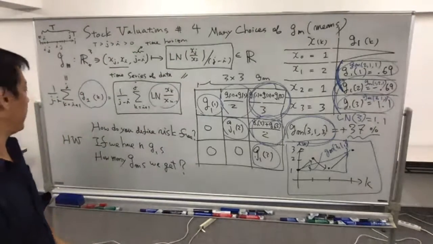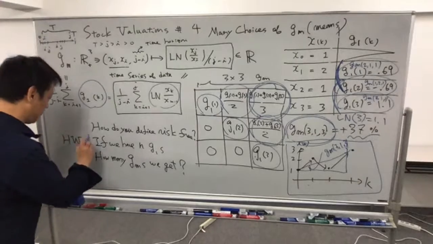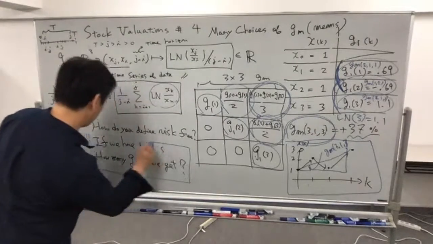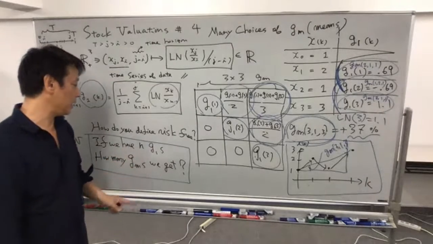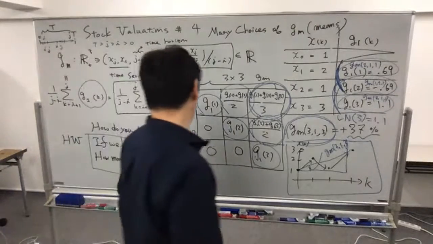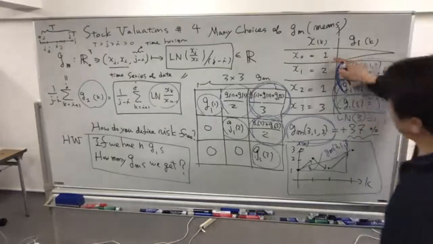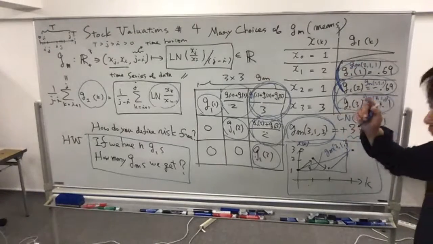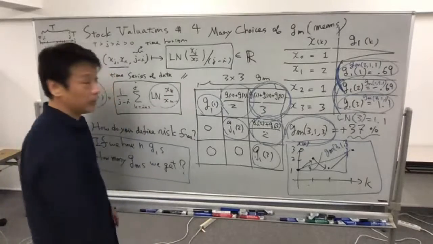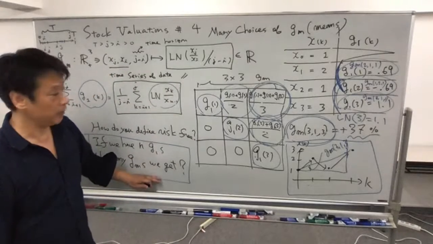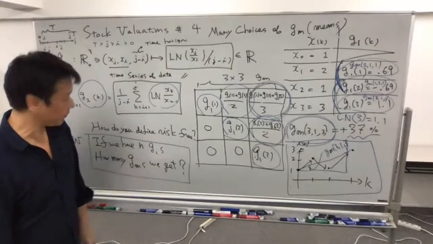And homework today. Question 1: if you have n G1s, not 3 but n G1s, how many GMs do we get? That's the first question.